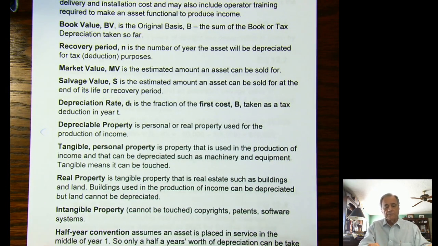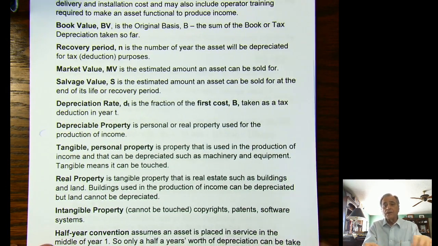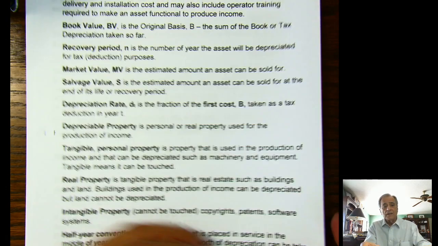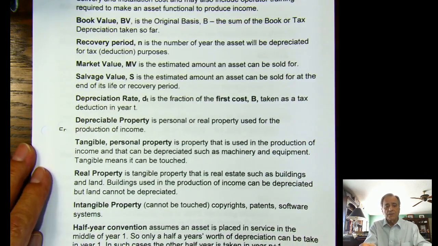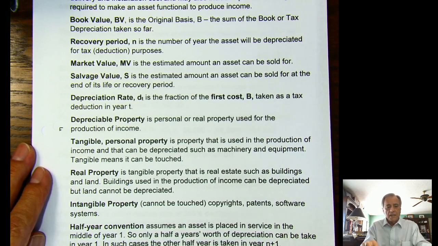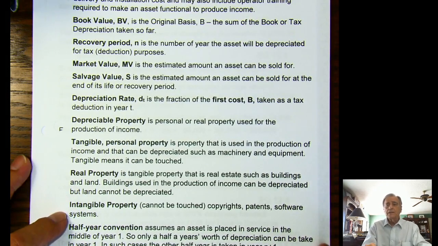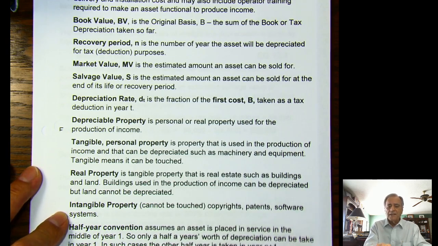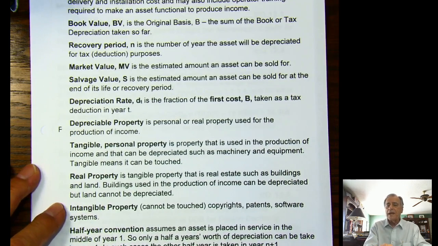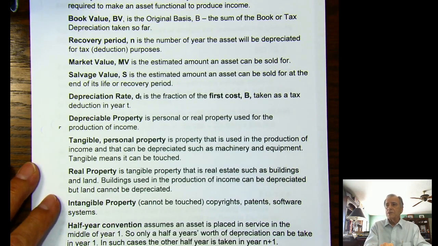So that's two different kinds of real estate. Land, not depreciable. Buildings, yes. Intangible property, generally we don't depreciate. It means it can't be touched. Things like copyrights and patents, especially, those kinds of things.